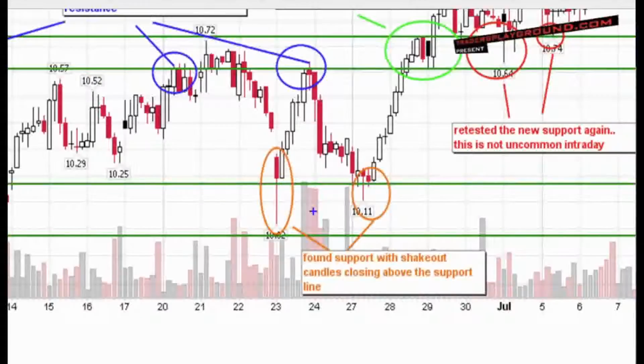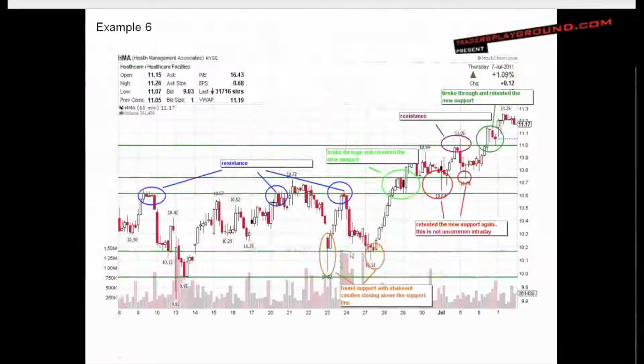One more thing I also meant is that often when creating support and resistance, it's good to ignore the wicks, because you get a better chart if you wait for the actual candle to close. That way you get a stronger understanding of where the real support is versus where the wick tells you the support is.